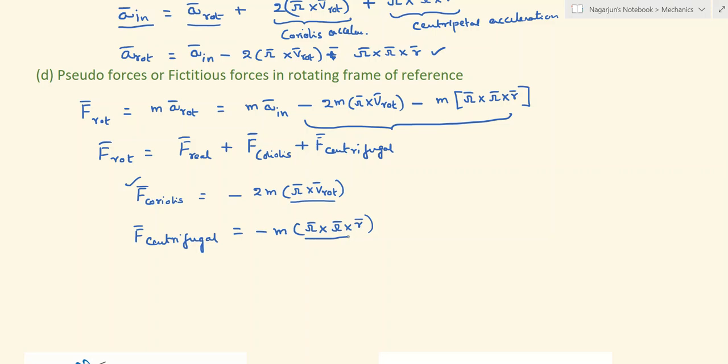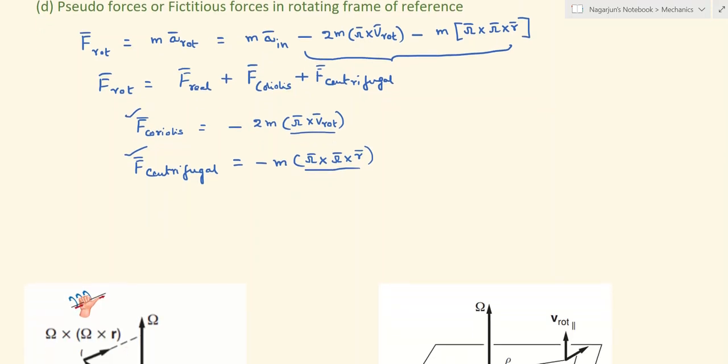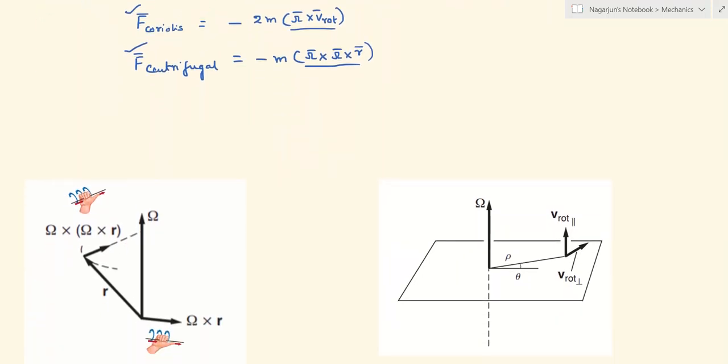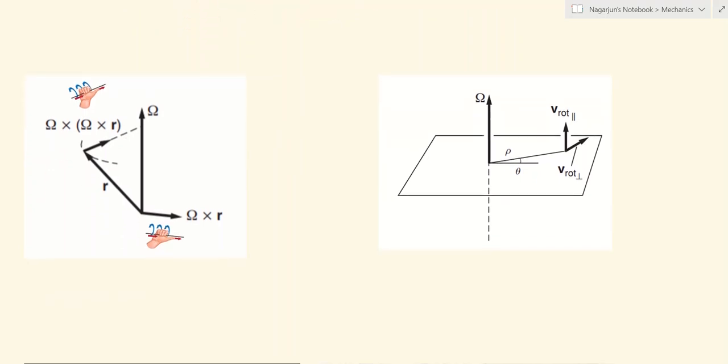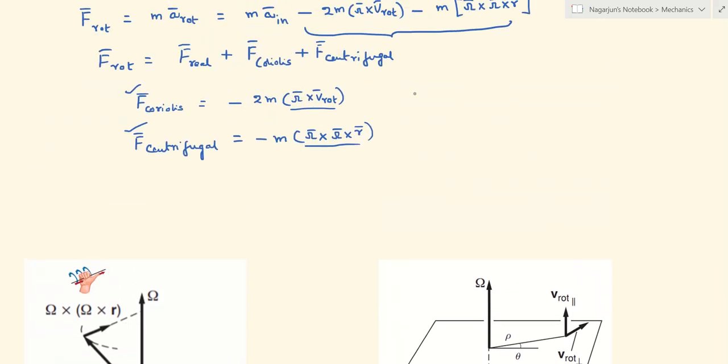Knowing the direction of omega bar cross r bar, we can judge the direction of the centrifugal force. And that is what I am doing in these pictorial representations. We can see here the centrifugal force is minus m omega bar cross r bar.